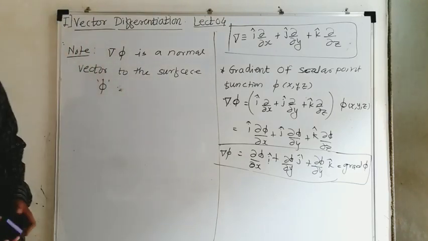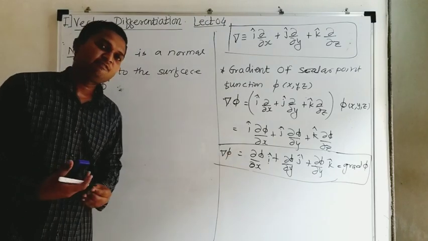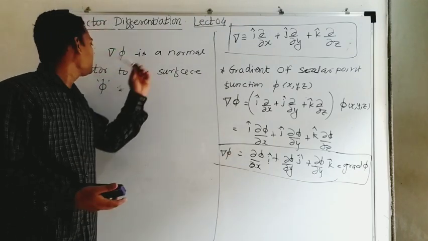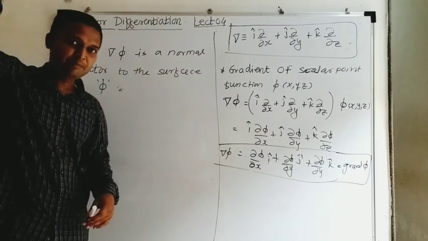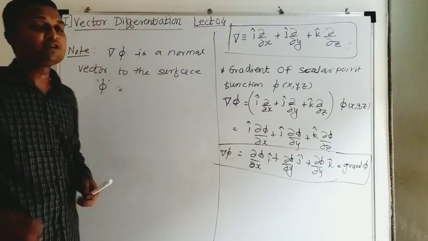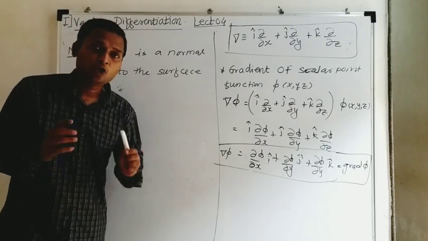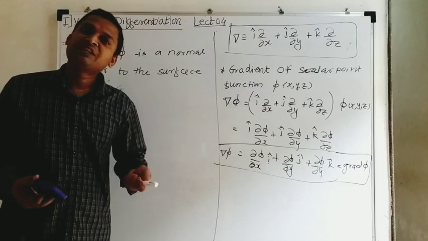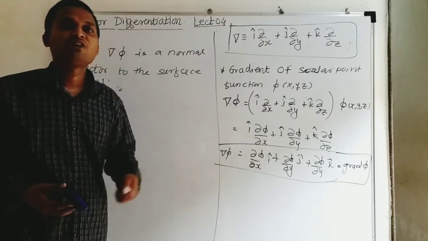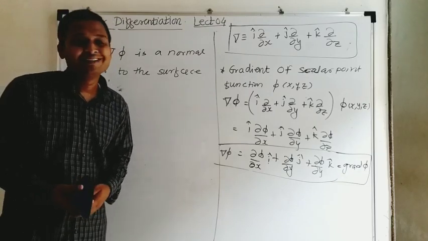Whatever gradient of phi you get will be a vector, and it will be a normal vector, meaning it will be perpendicular to that particular surface. Whenever you want to find the normal to any surface, you need to calculate the gradient of that surface to get the normal vector to that particular surface.